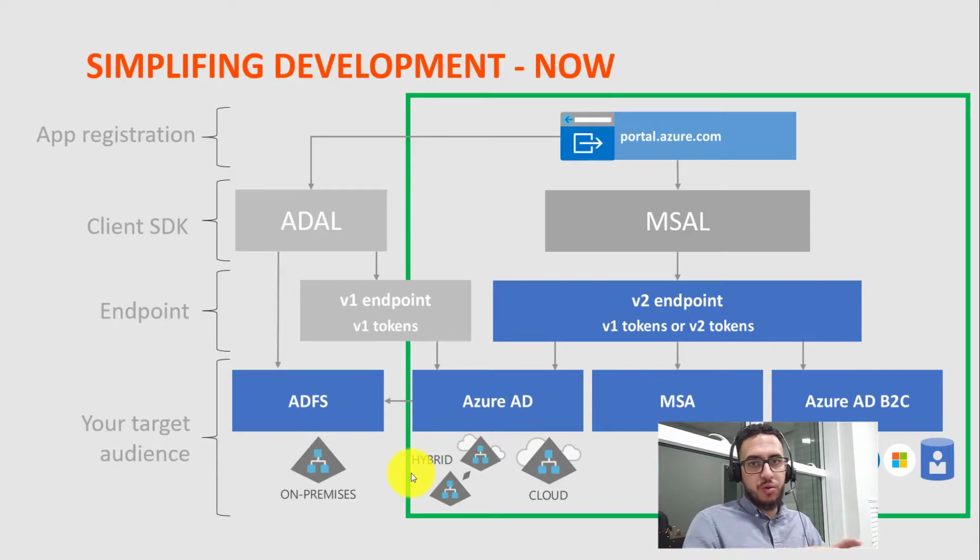So I will show how to do it manually, but you can use the SDKs to do it. And then you can connect to a hybrid environment. You can connect to Office and Azure accounts or live accounts, and also connect to business to customer applications as Facebook, Google, LinkedIn, or anything else. Okay, so it's a little bit more simpler than before.